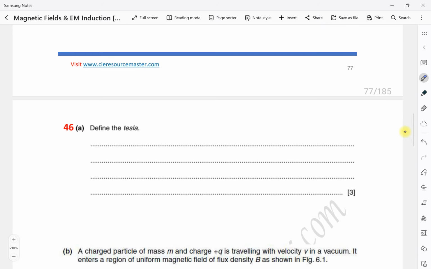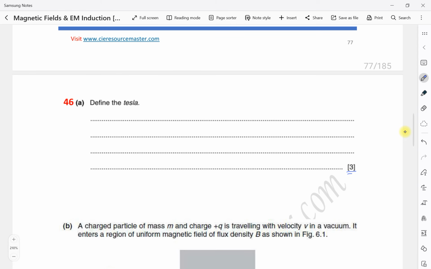Define the Tesla. Now this is a long definition, you see it is 3 marks. You and I know that the Tesla is a unit of magnetic flux density B, and we know that the magnetic force on a conductor is given by F equals B I L sine theta, which means B is equal to F divided by I L sine theta.